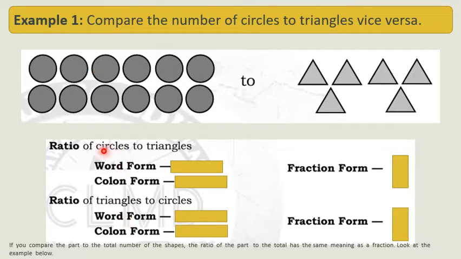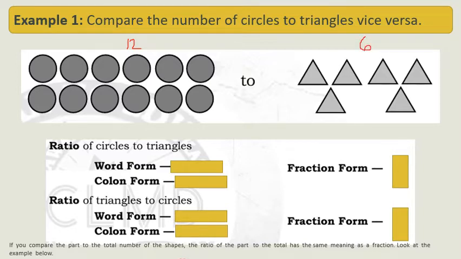So dito nakalagay kasi is circle muna, circle to triangle. So circle muna. So, ilan ba ang ating circle? 1, 2, 3, 4, 5, 6, 7, 8, 9, 10, 11, 12. So, we have 12 circles. And how many triangles? So, we have 6.